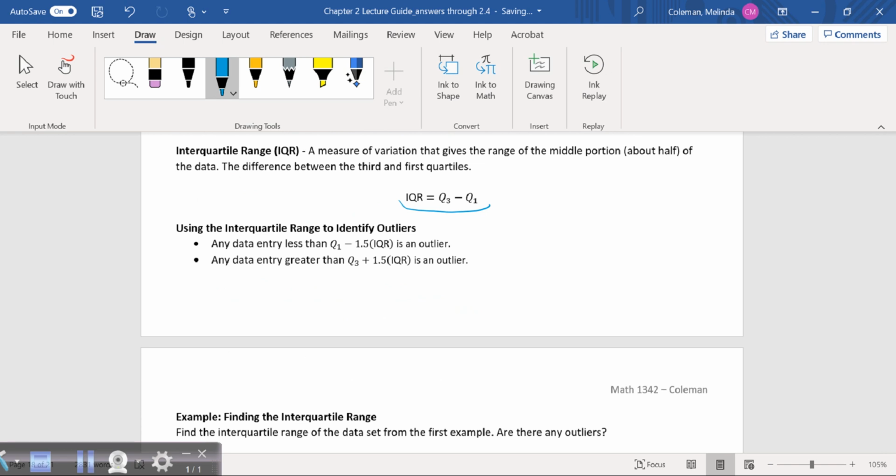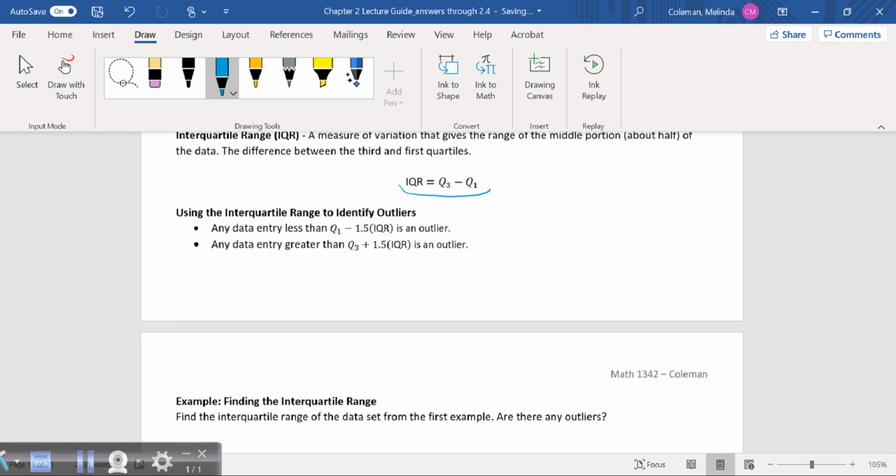Any data that is less than the first quartile minus 1.5 times the interquartile range is an outlier. Any data greater than Q3 plus 1.5 times the interquartile range is also an outlier.